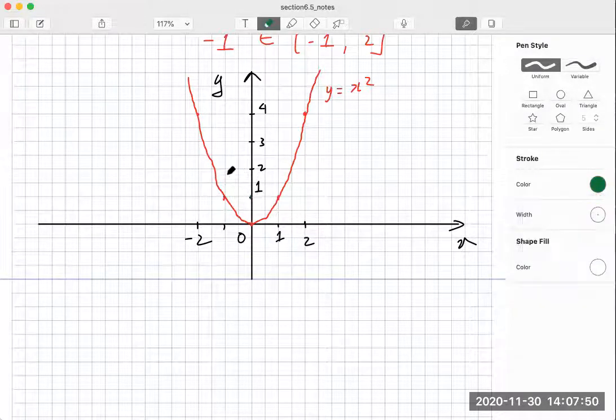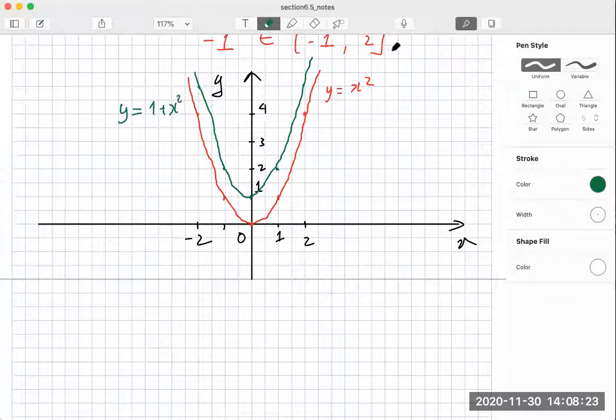Go up here, and up here. It will be somehow like this. This is the function y is equal to 1 plus x squared, right?